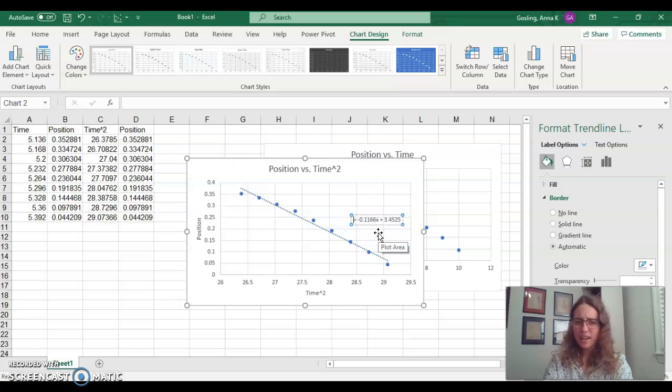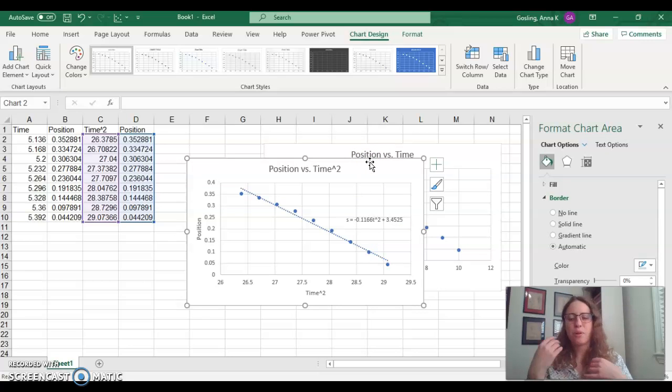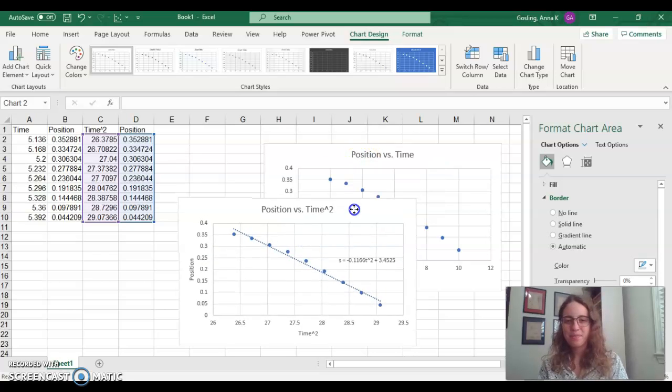So instead of y, I want to put s, right, because that's my displacement. And instead of x, I want to put t squared, because that's what that variable actually is, right? So I want to replace y and x with what my y and x axis actually has. And then looking at that slope, I can figure out from here what my acceleration due to gravity is.